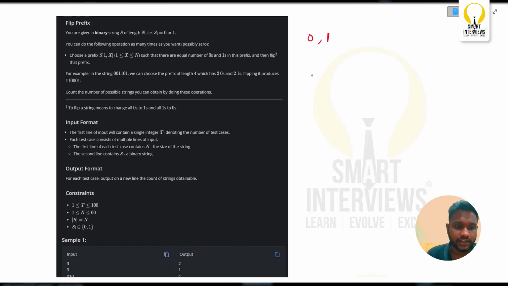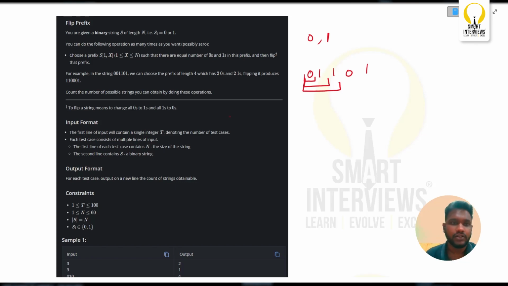If I have a string like 0, 1, 1, 0, and so on, this is my prefix. This can also be a prefix of length 2, prefix of length 3, and so on. Okay. So the question is saying that we can pick a prefix with equal zeros and ones.